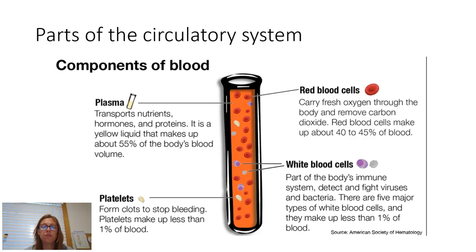And there's a number of different types of white blood cells, and we might look at those a little bit later when we look in Year 12 at diseases. But white blood cells make up about 1% of blood, so not very much at all. Then the main part of our blood is plasma, and it transports nutrients, hormones and proteins, and it's a yellowy liquid making up about 55% of our blood volume. And then we also have our platelets. Now, platelets are really important in stopping us bleeding. It makes the blood clot so that we don't continue to bleed.